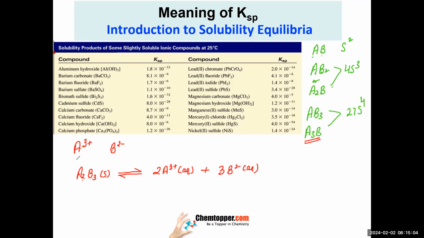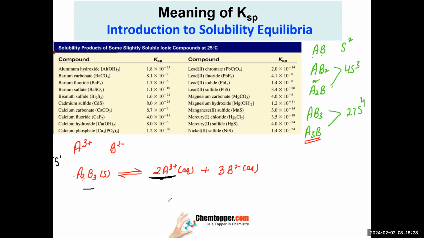If the molar solubility of the salt is S, how much of this will I get? Check the ratio 1:2. So how much of this will I get?